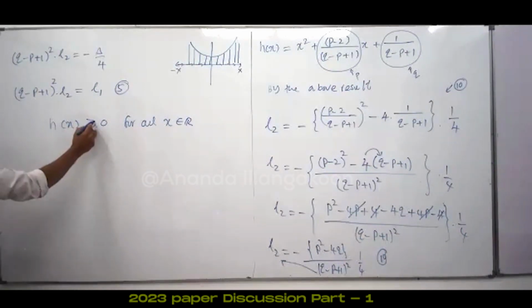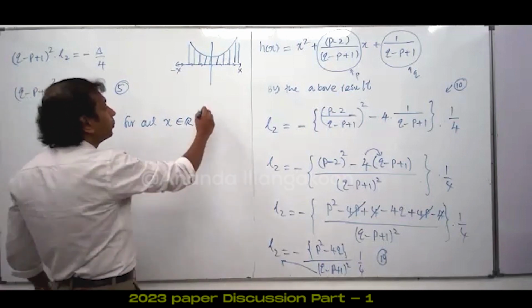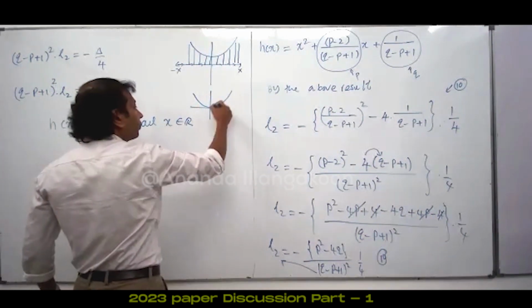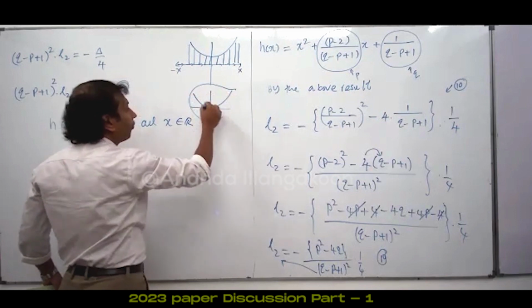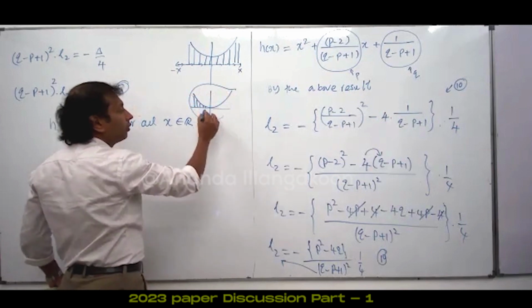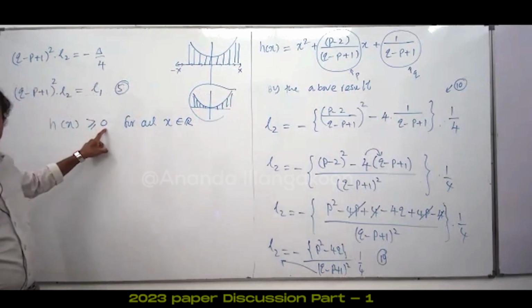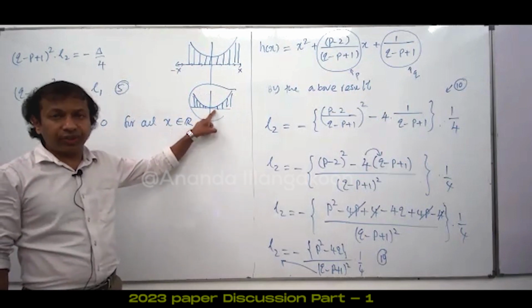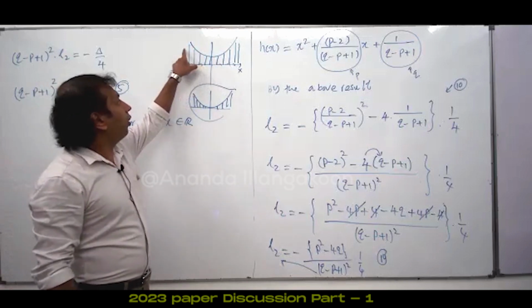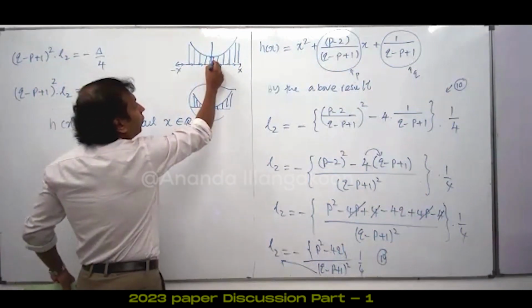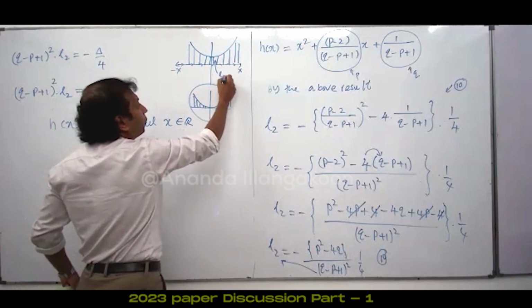That means this occurs. Equal 0 means this point should come to here. Then this is the one greater than 0 here, here equals 0, this side greater than 0. Therefore, satisfying this greater than or equal to 0, this should be the graph of hx. Then you can see if all y values are positive, you can see this minimum point y value that we took as L2, no?